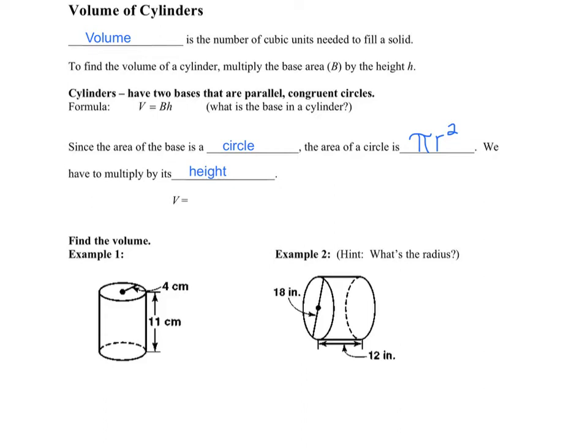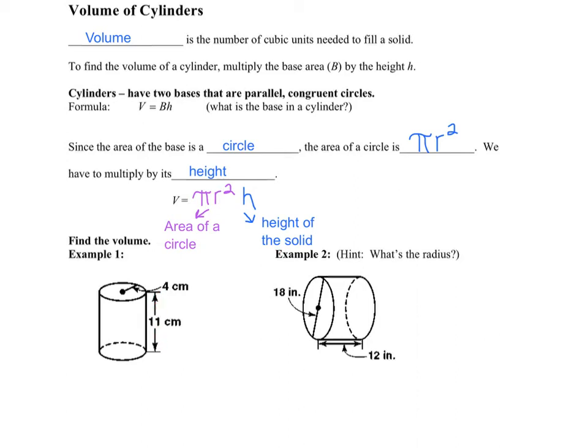Therefore, to find the volume of a cylinder, you multiply pi times radius squared, which is the area of the circle, by the height of the solid. So we multiply the area of a circle, which is our base, by the height of the solid.